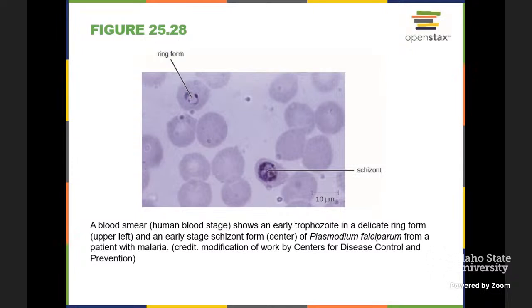Falciparum doesn't care. And as it does that, the potential for numerous red cells, 65% of your red cells could be infected and lysing simultaneously. If you don't think that's going to kill you, you're sorely mistaken. 25% or so lysis of your red cells is typically a fatal consequence. That's bad news. If you are not treated, you're gonna die, right? Awesome.